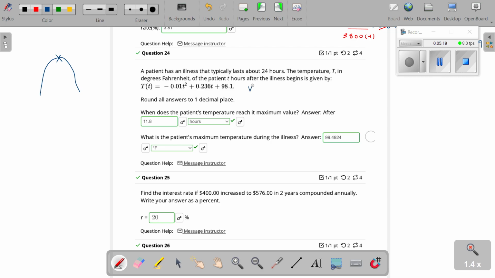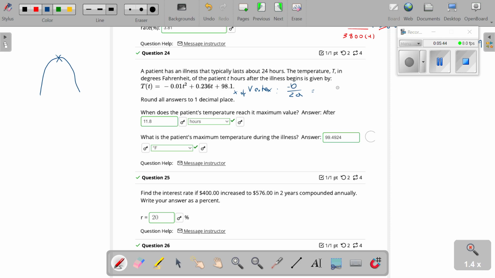We know that the x of the vertex can be found from negative b over 2a. b is the coefficient of x or t here, and a is the coefficient of t squared. So I'm going to use this formula and let's find the x value of the vertex.